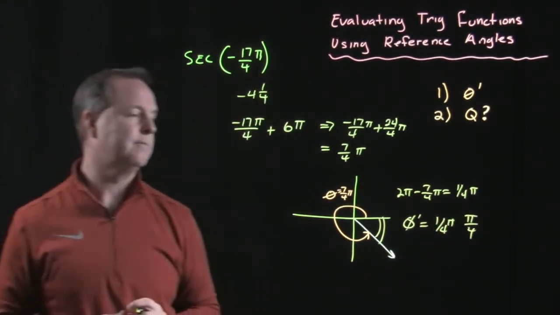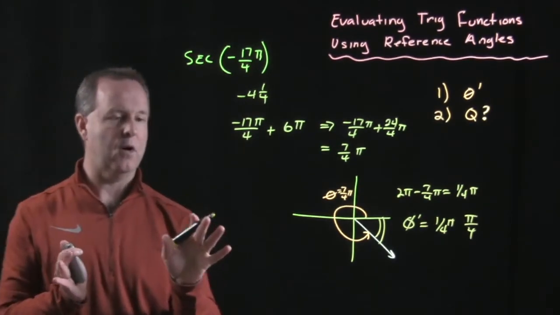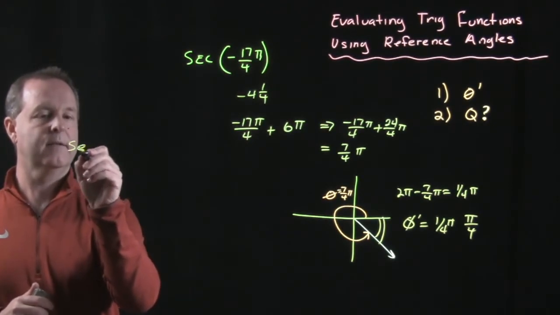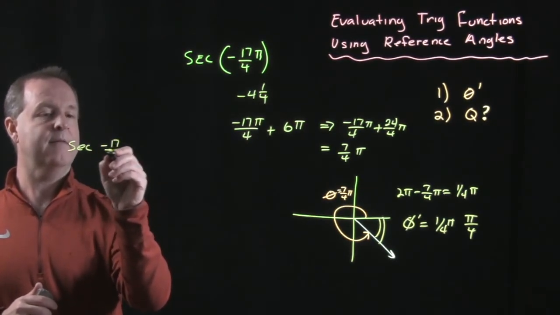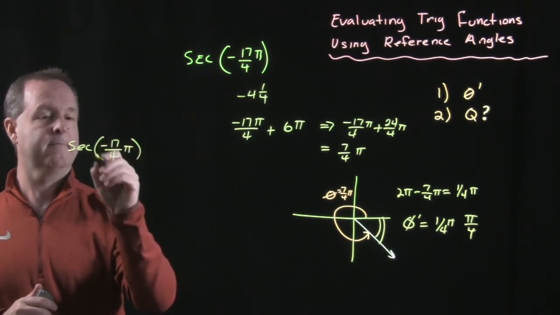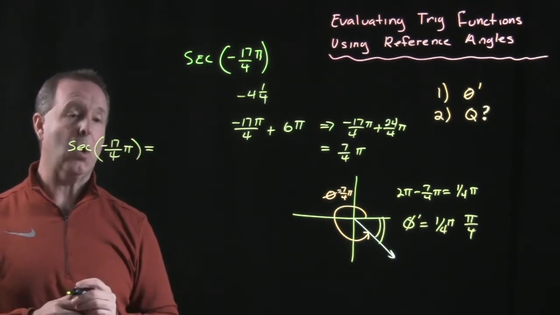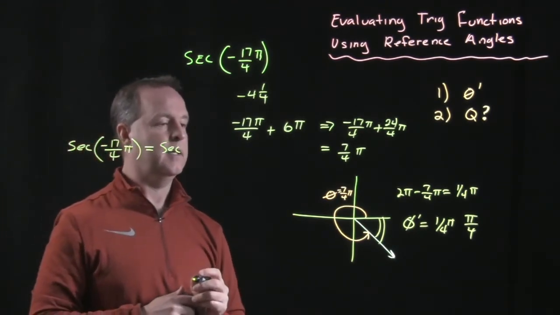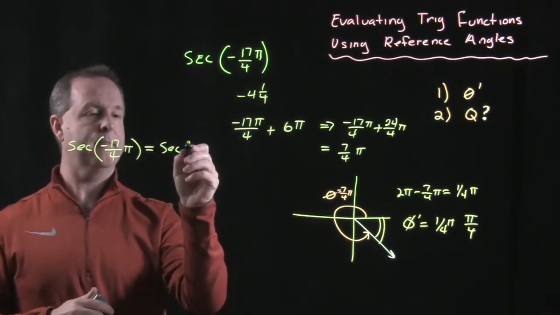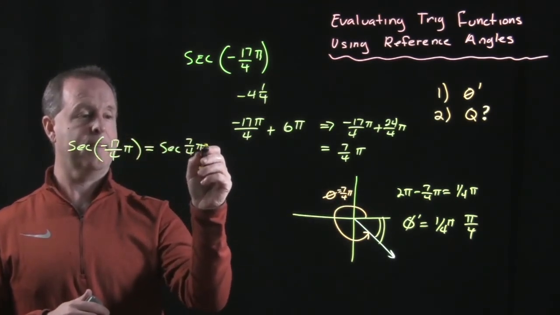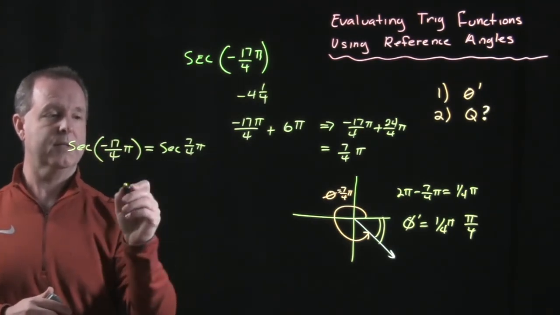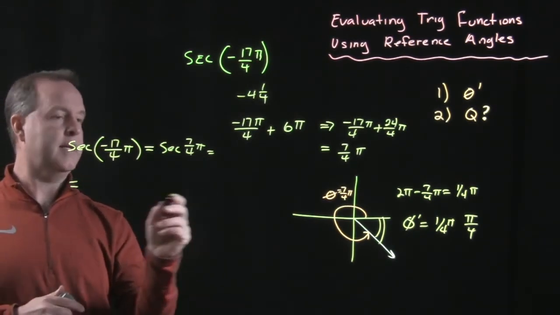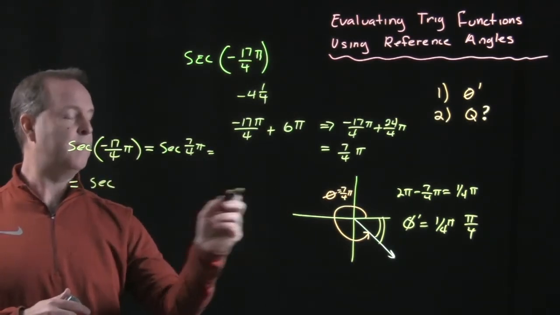All right, we can use that now to think about what we have accomplished so far. So let's see the overview here. We started with the secant of negative 17/4 pi. That equals its coterminal angle, which was the secant of positive 7/4 pi, which equals its reference angle, the secant of pi fourths.